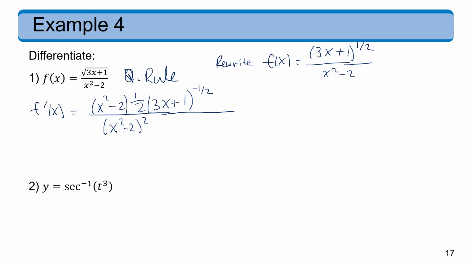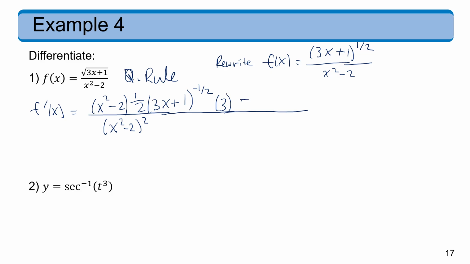That's the derivative of the outer function. Now we multiply by the derivative of the inside function. The derivative of 3x plus 1 is 3. Okay, so that finishes the first term in the numerator. That's bottom times derivative of the top.